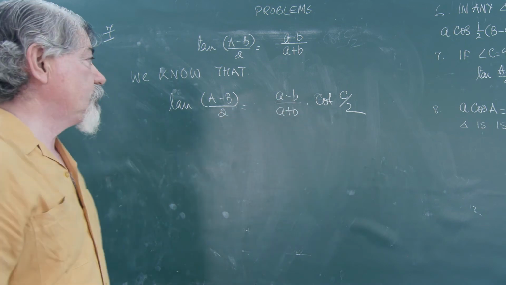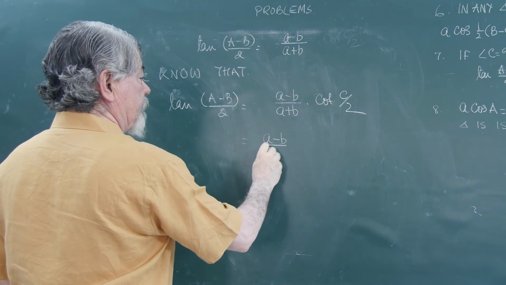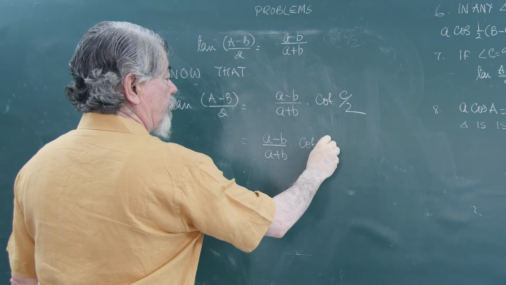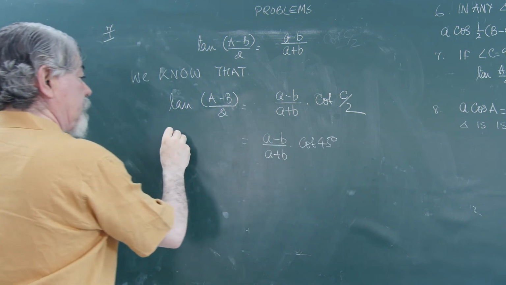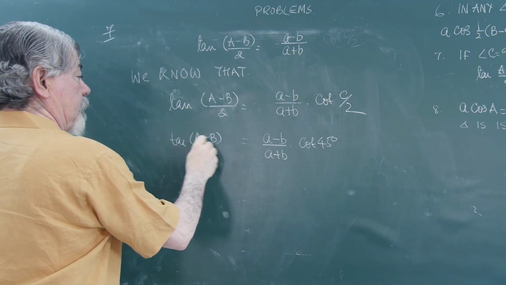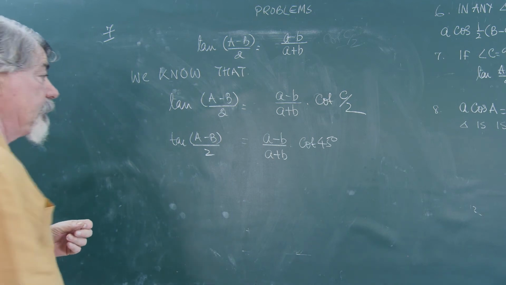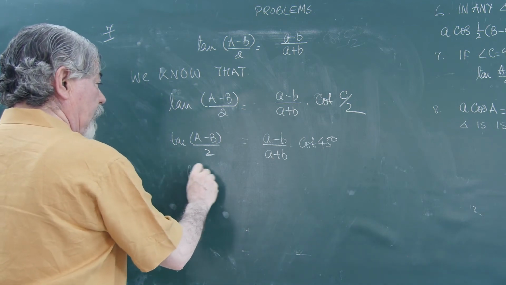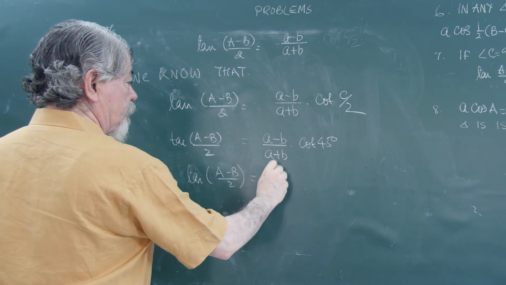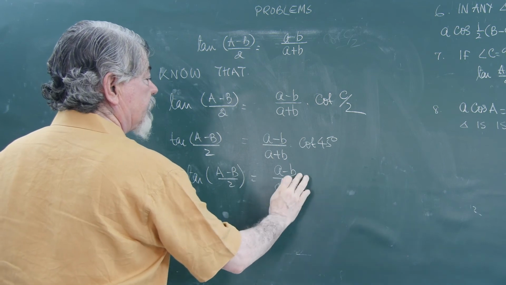C, and we take half of that angle, cot C by 2. So it will be equal to (a minus b) upon (a plus b), and C is given as 90, so cot 45. Tan (A minus B) upon 2 is equal to (a minus b) upon (a plus b) into cot 45. The value of cot 45 is 1.